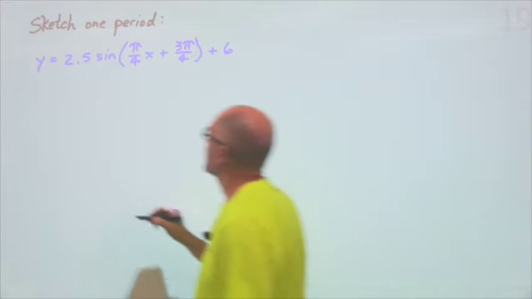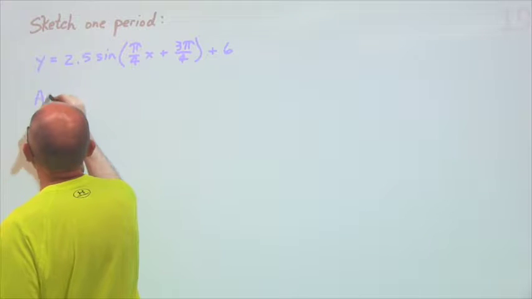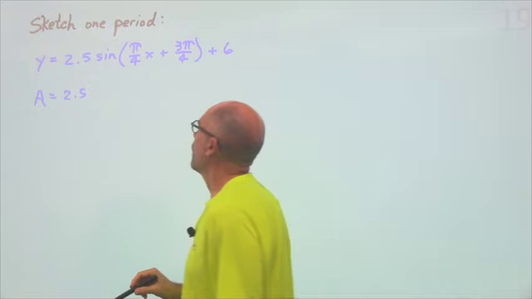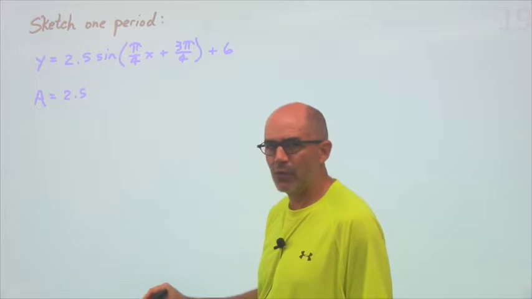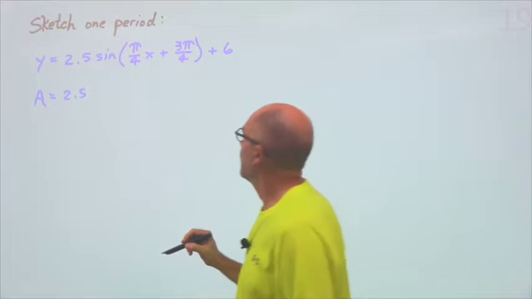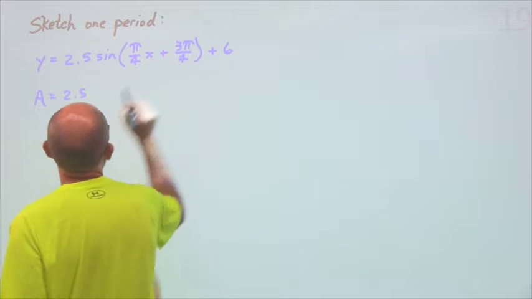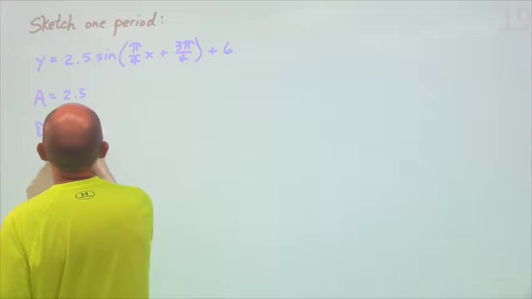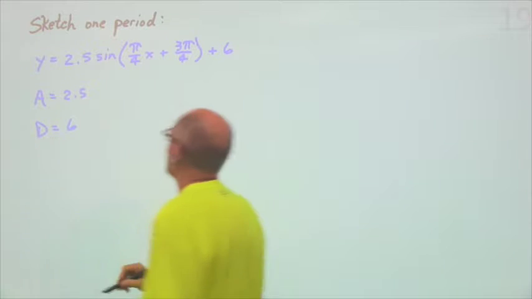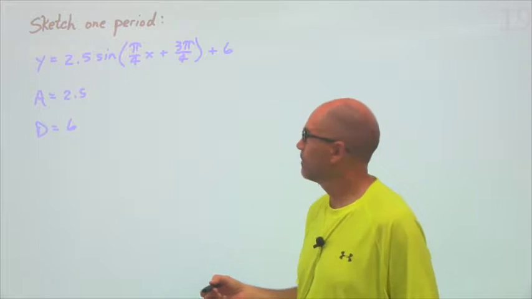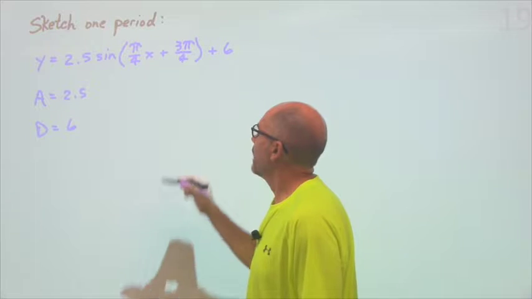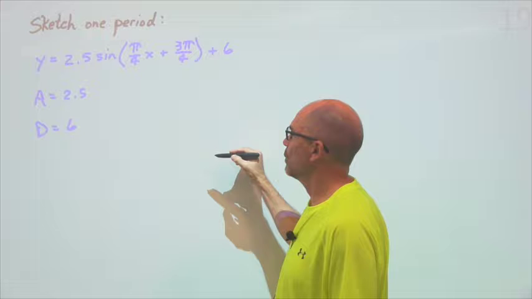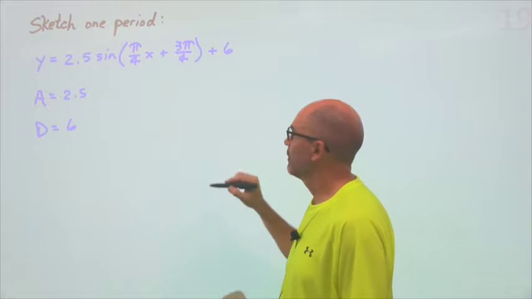A is 2.5, which means we're going up 2.5 and down 2.5 from the midline. Then we see that D is 6, so the midline is up 6. Basically we're starting at 6, going up to 8.5 and down to 3.5.